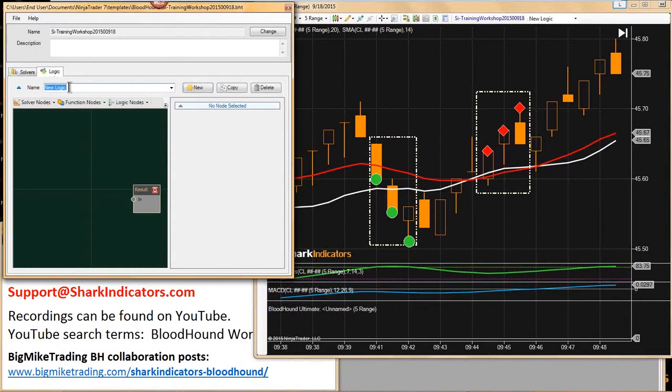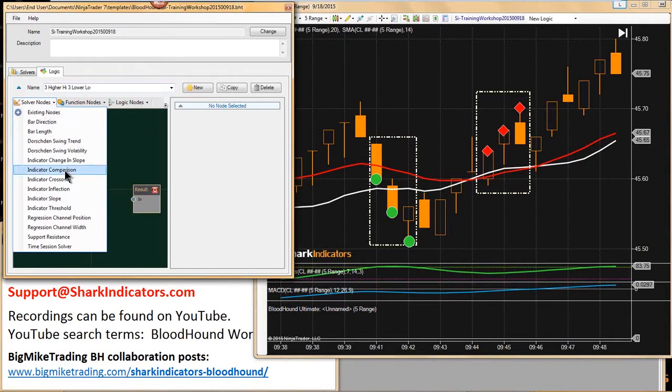Let's call this 3 higher highs and 3 lower lows. The way we're going to do this is use the comparison solver.